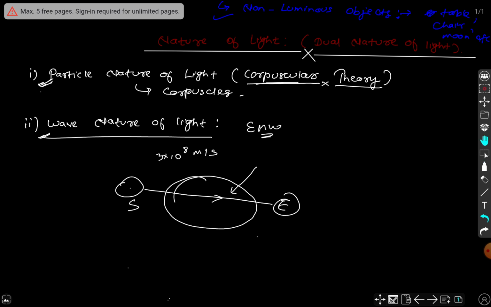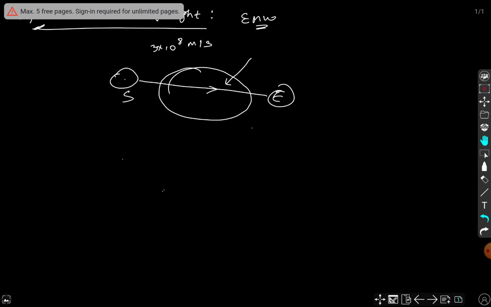Now there arises a very huge confusion about which scientist to believe, whether light is made up of particles or it is made up of waves. So we are in a very much confusion now. We want its answer, and the answer lies in the fact that light is actually both particle as well as wave. That is, light shows its dual nature. Dual means two, so dual nature means light shows two natures.